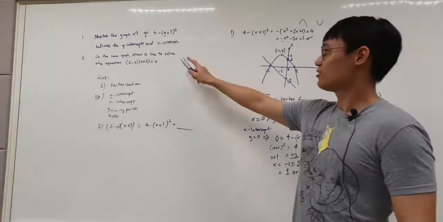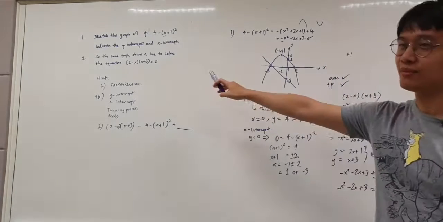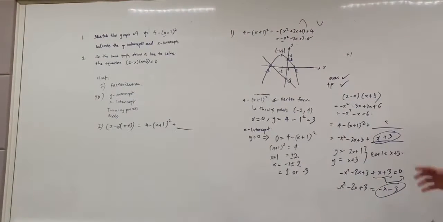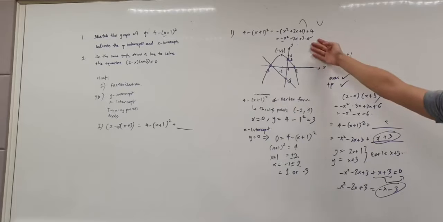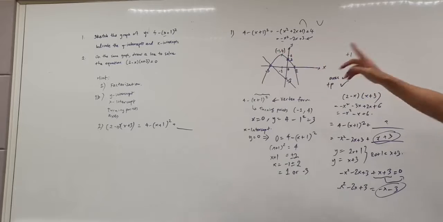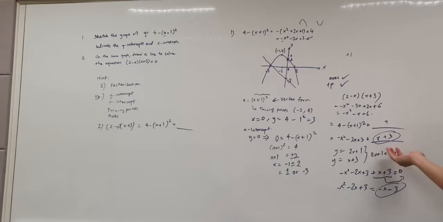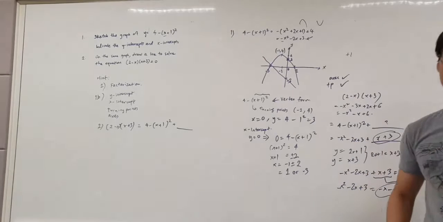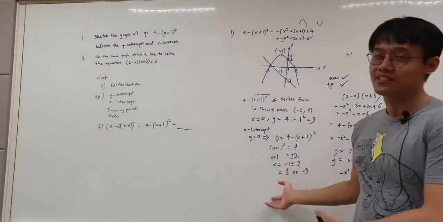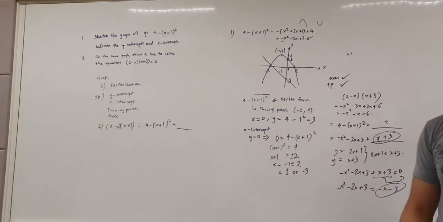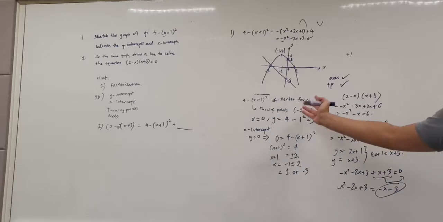And for the last question, solving the equation by drawing a line, we modeled the equation using the old equation that we have in part 1, and we just added some expression in the back, and we just need to plot that line. Okay, so this is our final answer. Hopefully through this video you can understand how to draw a graph. So when you see a graph, don't leave it blank.